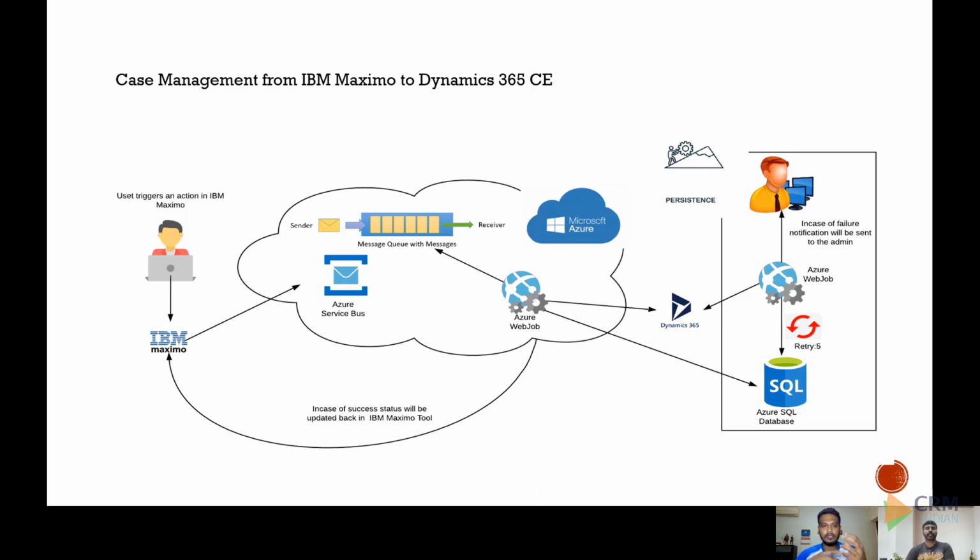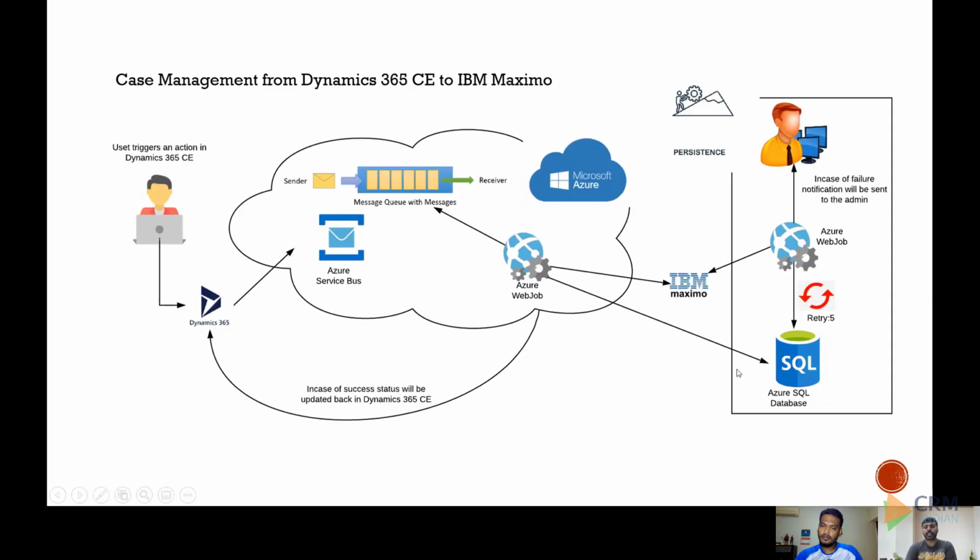So I believe whoever wants to build an integration between IBM Maximo and Dynamics 365 Power Platform in future, this is going to be really helpful for them. Yeah, exactly. Not only the IBM Maximo tool, this can be replaced with any other tool.